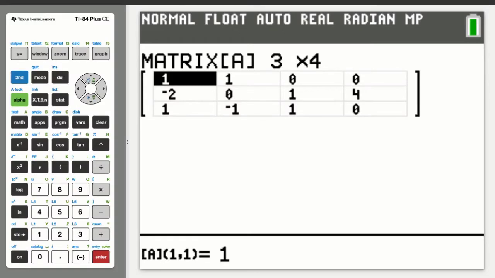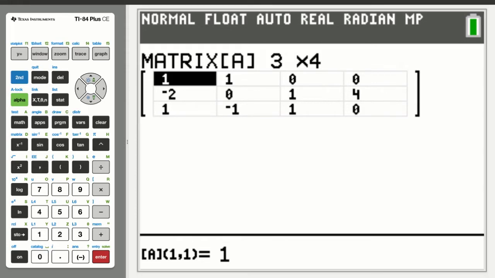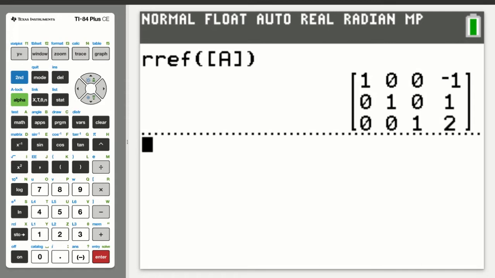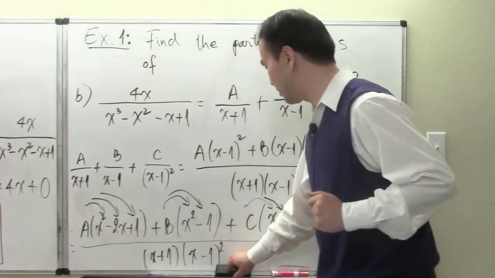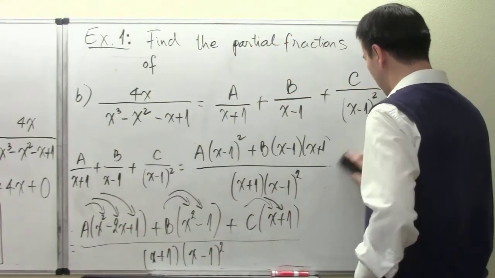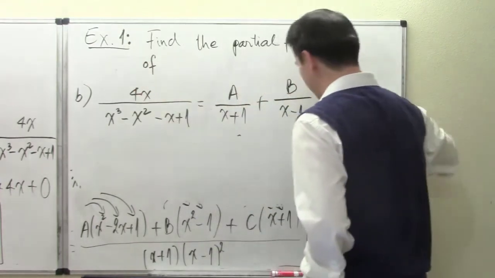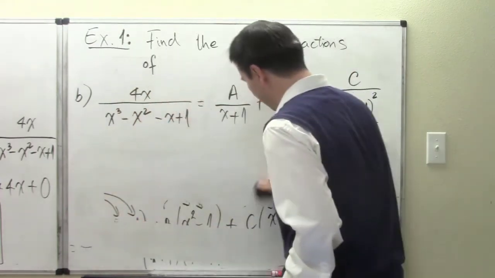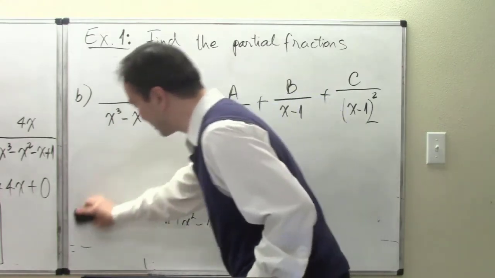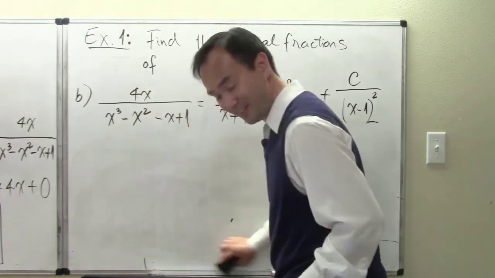All right, so for any student or viewer who is going to use the TI-83 or 84 calculator, your matrix is going to look just like this on the calculator itself. And here's the final reduced matrix. Admittedly, I did use the calculator for doing this. It looks like I didn't have to correct any errors throughout my example here, and that's a good thing.